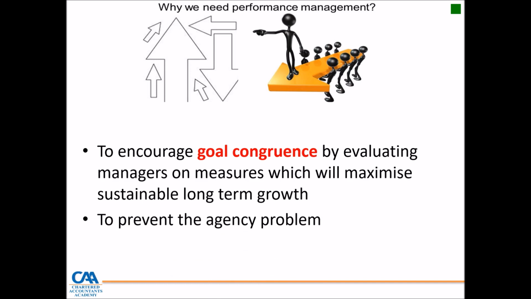Our second reason why we need performance management is to prevent the agency problem. In general, what is an agency problem? This is a problem that usually happens when an agent of the company, that is usually management, does not work in the best interests of the shareholders. Your shareholders can be your stockholders or your investors.